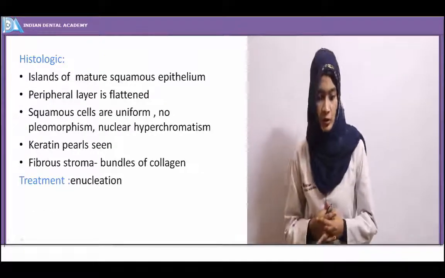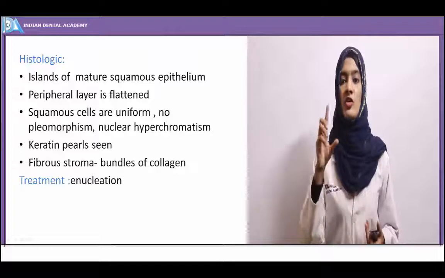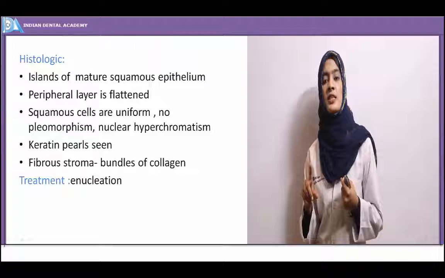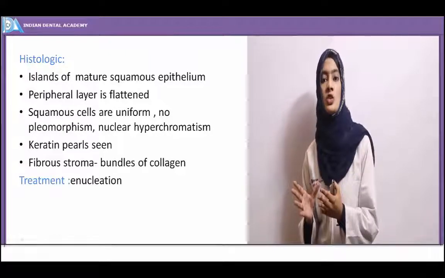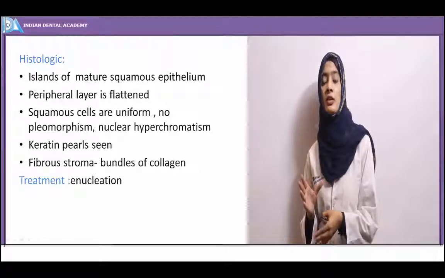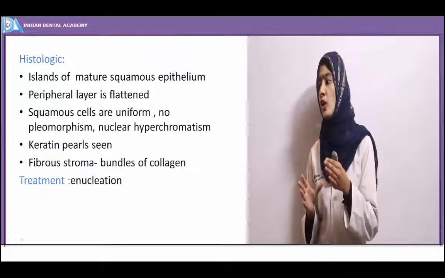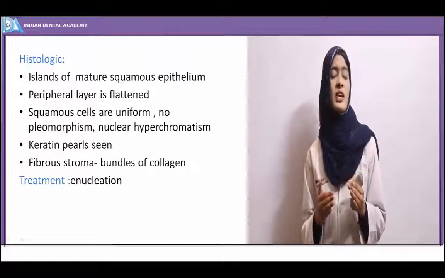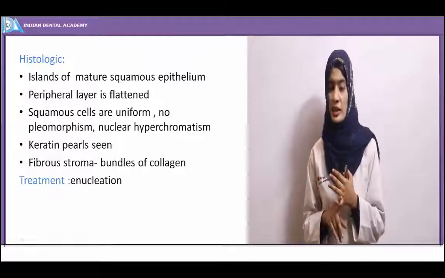Now when you see the microscopic picture of squamous odontogenic tumor, it shows islands of mature squamous epithelium. The mature squamous epithelium is present in the tumor cells. The peripheral layer, instead of being tall columnar, is just flattened, and the squamous cells are very normal to the epithelial cells, but they do not show any pleomorphism.